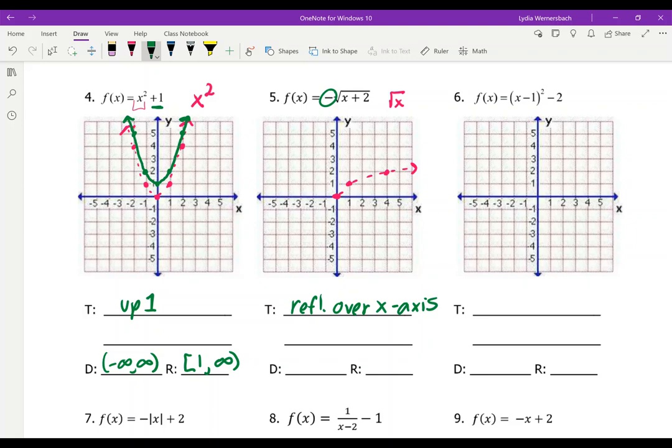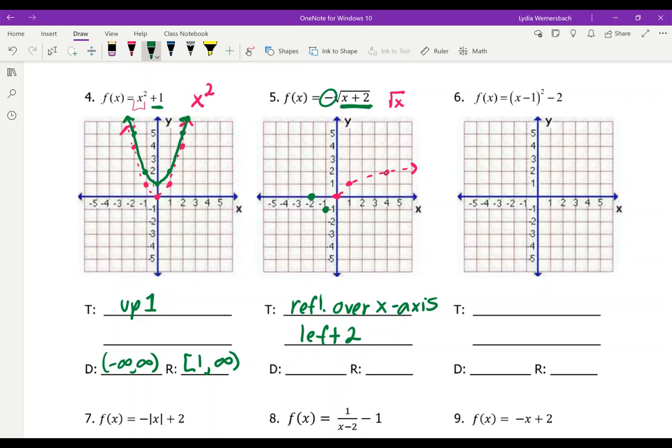And then we see this +2 on the inside. So what do we think that means? It's on the inside, so that's a shift left and right, and it's the opposite of what we think. So we're actually going to go left 2. We'll take this (0, 0). It can't really reflect, so it's just going to go left 2. (1, 1) reflected would be (1, -1), and then it would go left 2.